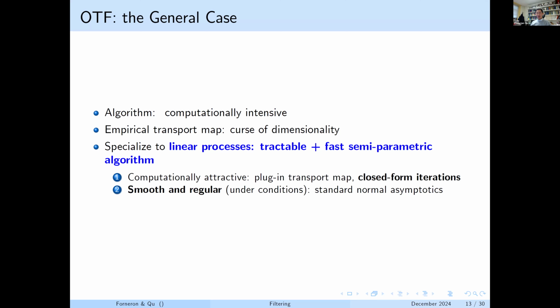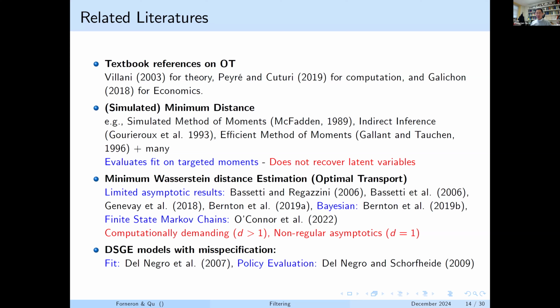Okay. So it might be a good time to relate what we do to the broad literature on optimal transport. First of all, there is an exciting and expanding literature on optimal transport. Here we have a very nice book about optimal transport and economics, which one can enjoy reading on the weekend.